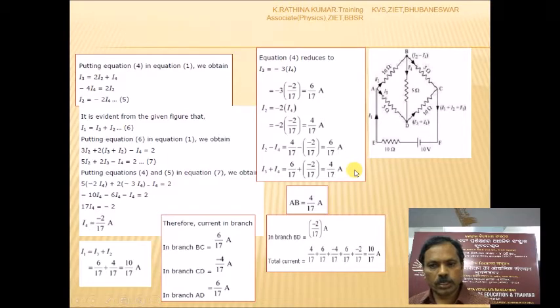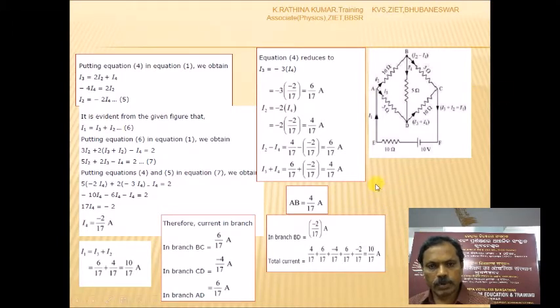So the current in that branch A and B is 4 by 17 A. In branch BD, minus 2 by 17 A, and the total current, adding all these, we get 10 by 17 ampere.